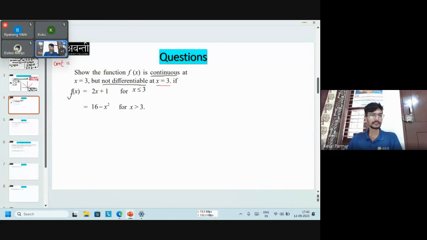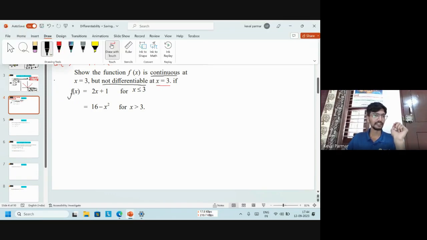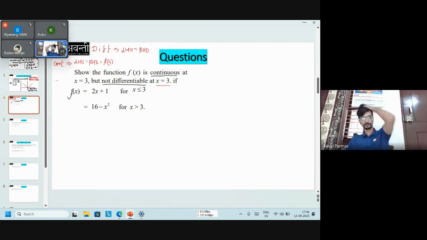Continuous means left hand limit is equal to right hand limit is equal to the functional value at 3. Differentiability means left hand derivative should be equal to right hand derivative. So here it is given non-differentiable. That means the left hand derivative and the right hand derivative will not be the same.